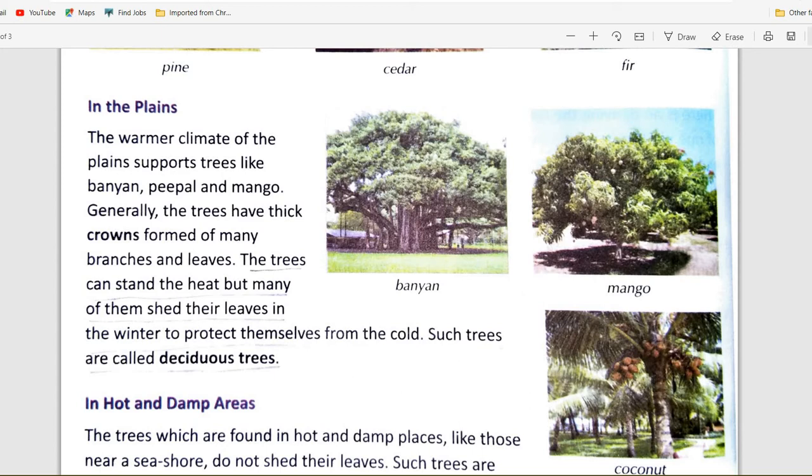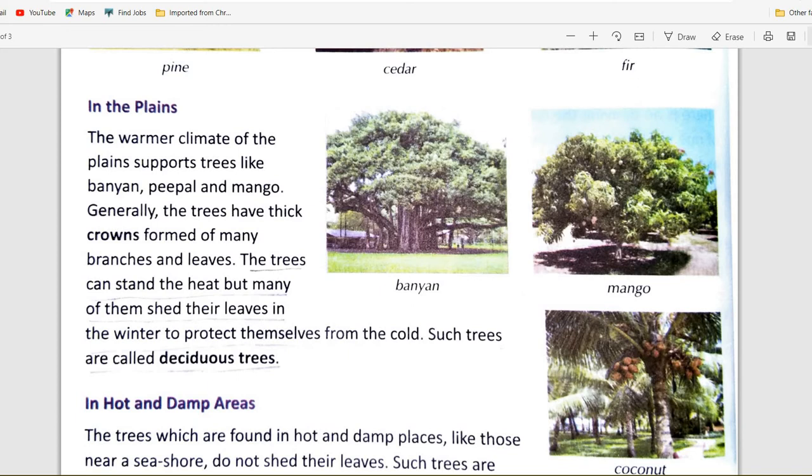They give shade to animals, we can say shelter to animals and birds, and many animals and birds live in their thick trunks. Birds make their nests in the branches of trees.